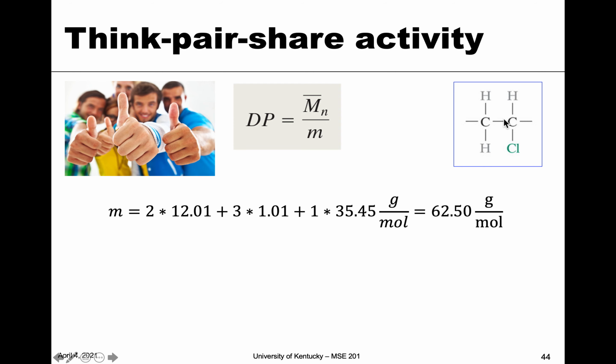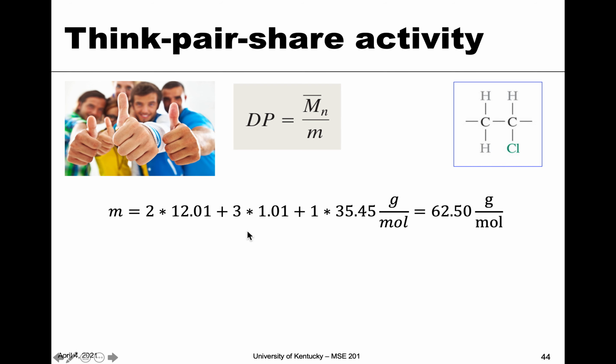And so to calculate the molecular weight there, we're going to have 2 carbons. So 2 of these carbons, and the atomic weight of carbon is 12.01. We have 3 hydrogens, so we're going to have 3 times 1.02. So obviously they're very close to 2 and 1, as you're aware.